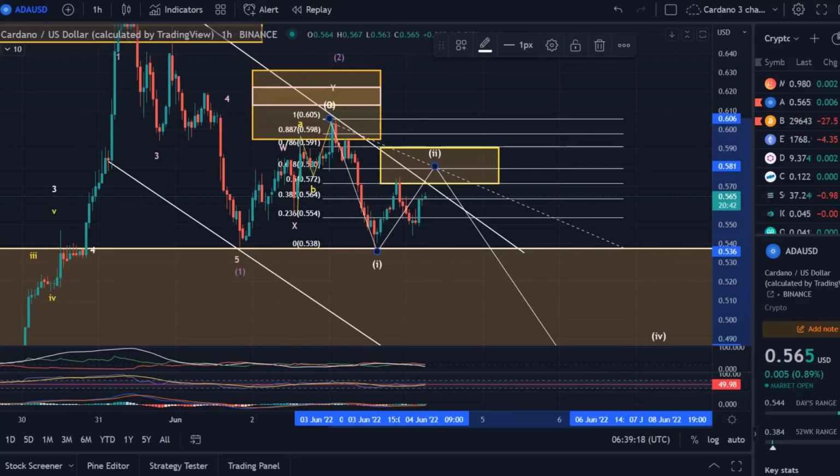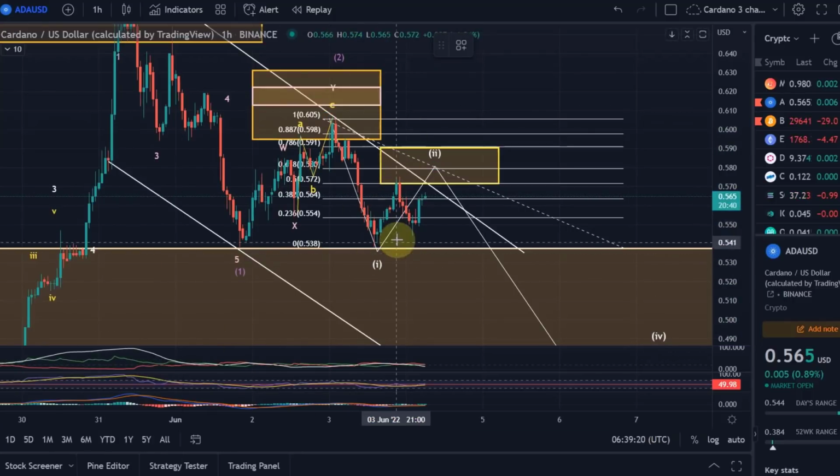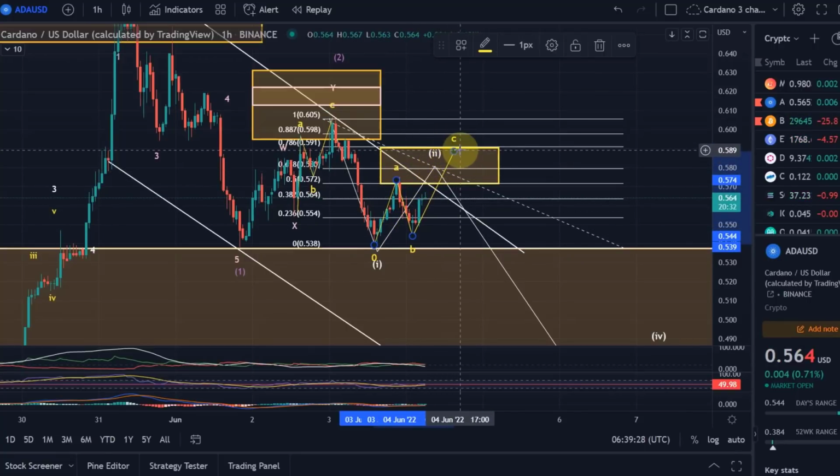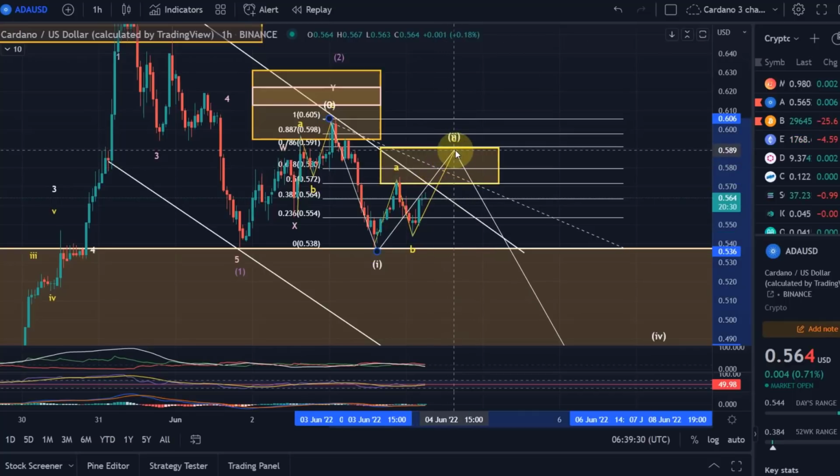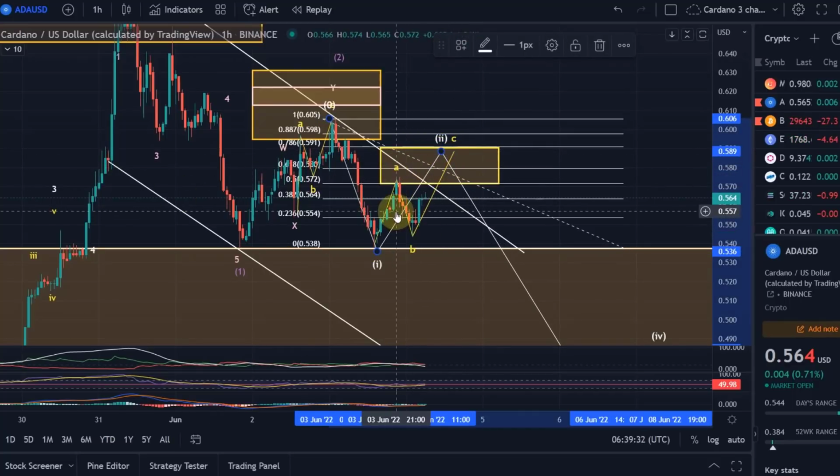In addition to that, it is very hard at the moment to count an ABC. A wave 2 would normally consist of an A, B, C. So from that point of view, we would expect the wave C to go a little bit higher, maybe even to 59.1 cents. Why? Because first of all, the wave C would normally be at least the same length as the wave A, normally the 1.618 multiple.